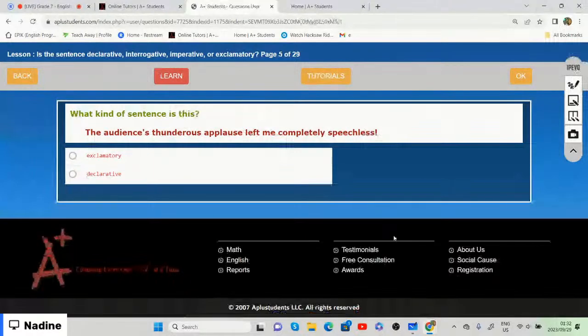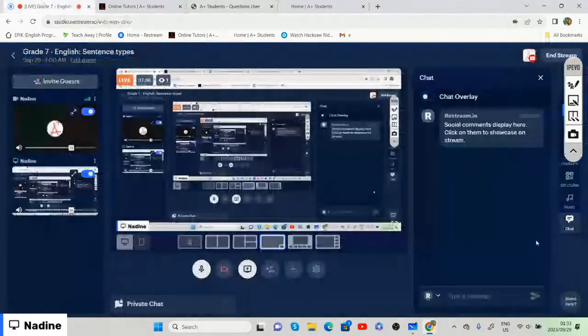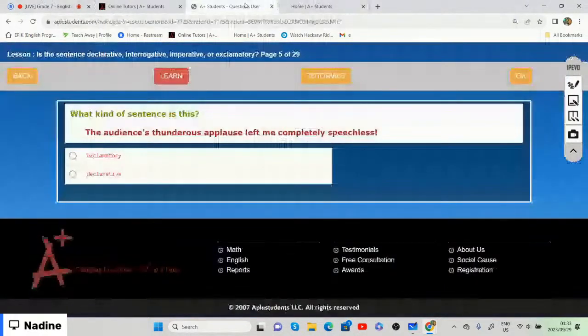The audience's thunderous applause left me completely speechless! It ends with an exclamation point. Is it an exclamatory sentence or a declarative sentence?